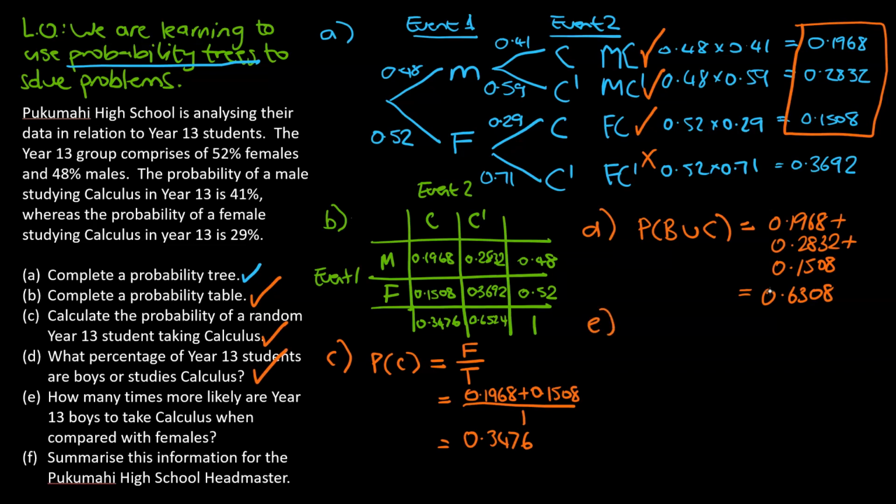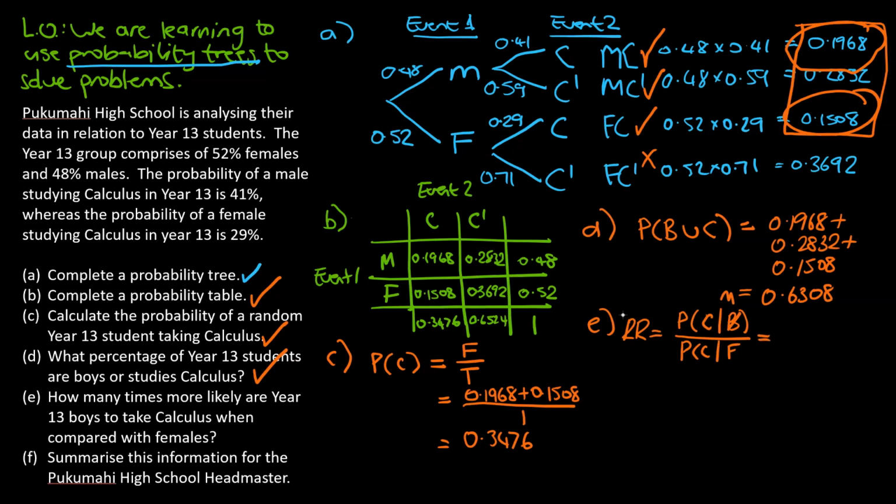How many times more likely are year 13 boys to take calculus when compared with females? So this is a relative risk type question, whereas we're going to divide, well, what's the probability of someone taking calculus given they are a boy divided by the probability of someone taking calculus given that they are a female. And I keep writing B, but by that I definitely mean M as well.